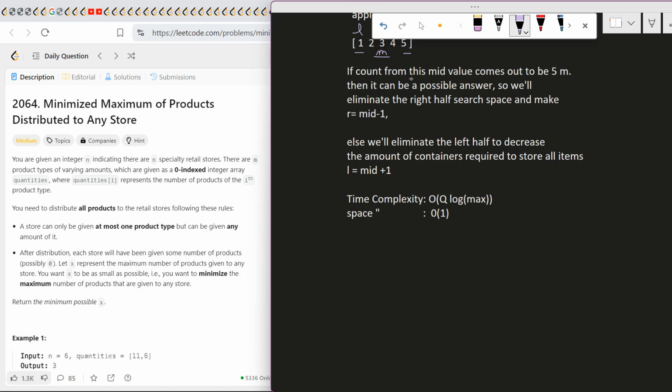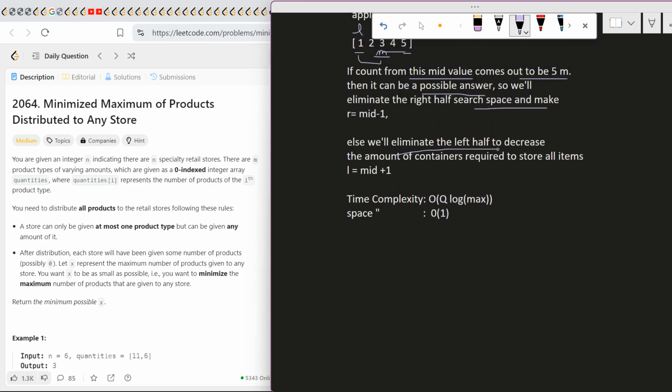So if the count from this mid value comes out to be 5, then it can be a possible answer as n was 5 here. So we will eliminate the right half of the search space to get an even smaller bottleneck if it is present in the left portion of the binary search.